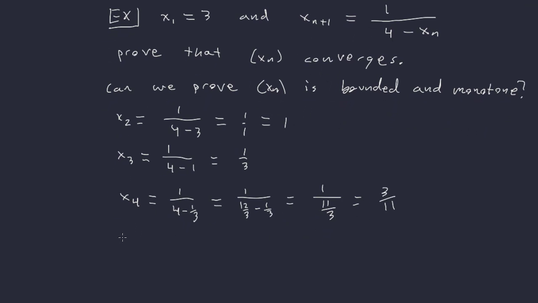Okay, and then x sub 5 will be 1 over 4 minus 3/11, which will be 1 over 44/11 minus 3/11, which will be 1 over 41/11, which is 11 over 41.